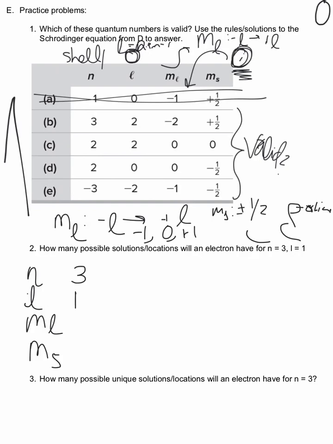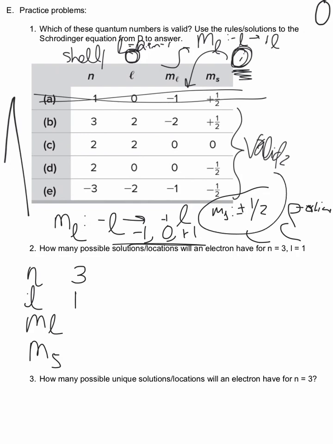So what we'll do is go through all the different possibilities that meet the criteria for having n equals 3 and L equals 1. We have 3 different values for M sub L that are valid, and for each of those 3 values, we can have a spin of plus or minus 1/2. So let's start walking through this.